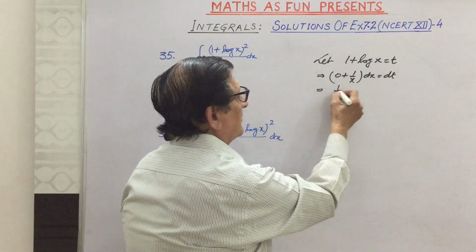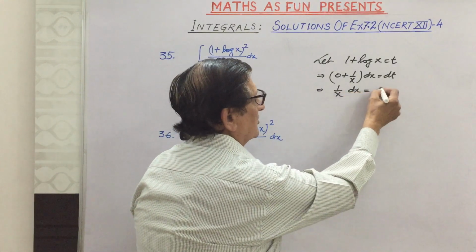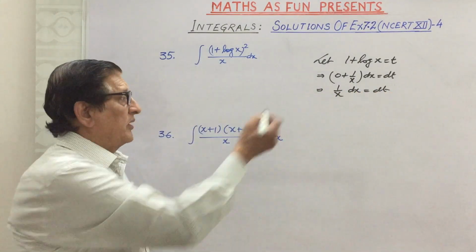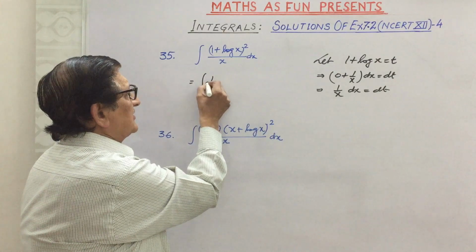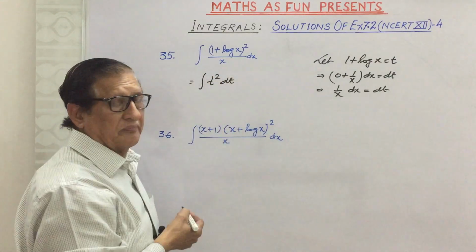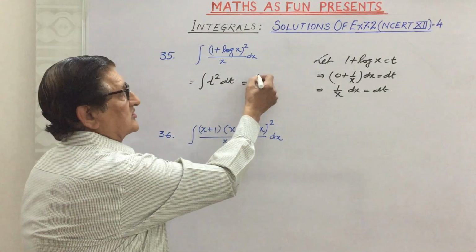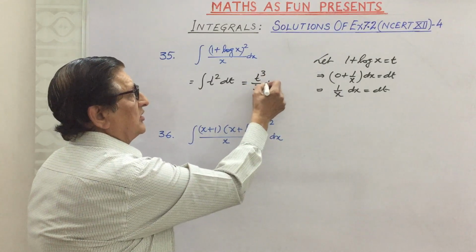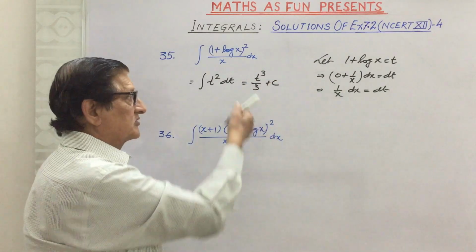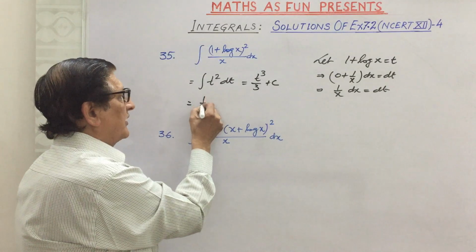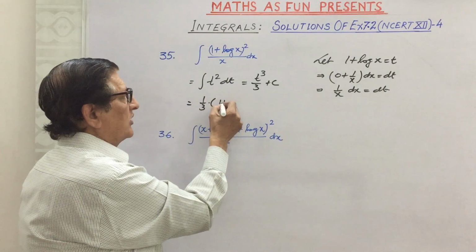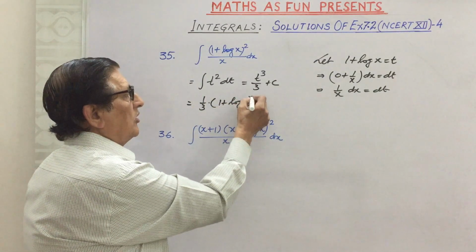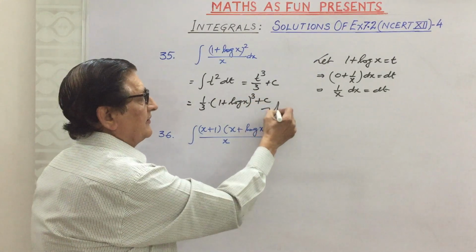It means 1 upon x dx equal to dt. Applying it here, we get t square dt, and we know the integral of t square is t cube by 3 plus c. Substituting the value of t, we get 1 upon 3 into 1 plus log x whole cube plus c, the answer to this problem.